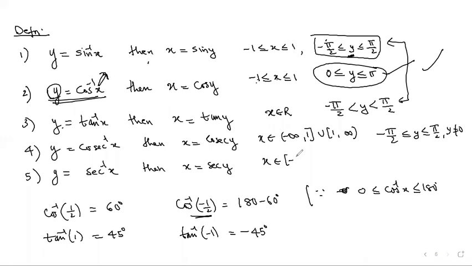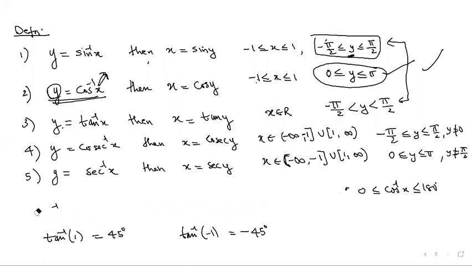X belongs to minus infinity to minus 1 union 1 to infinity. Here 0 less than or equal to y less than or equal to pi, but y not equal to pi by 2. Last one. This is not so important.